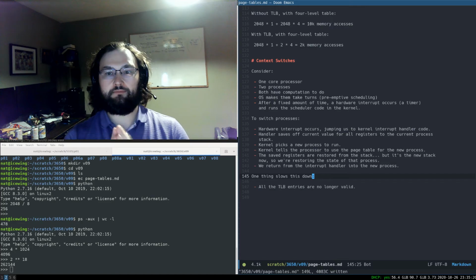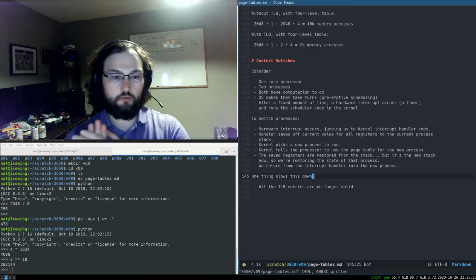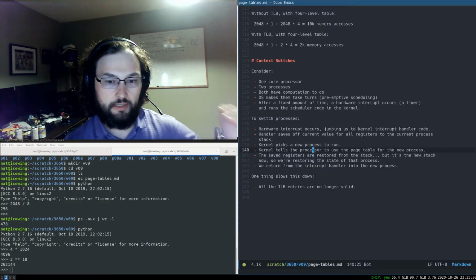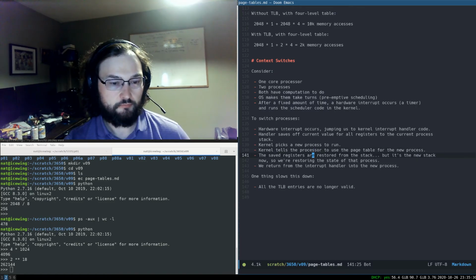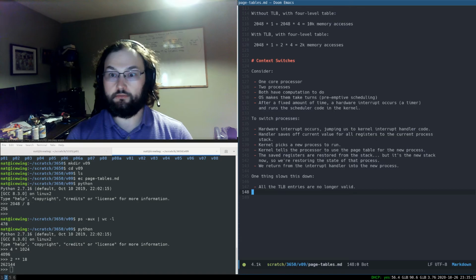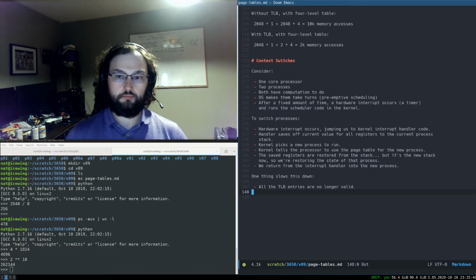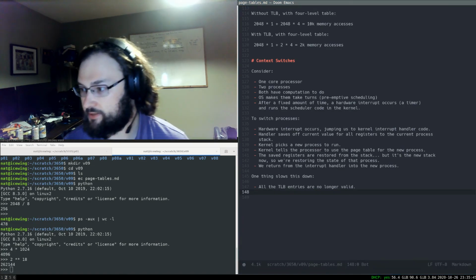So in at least the way this used to work, as part of this process, when we switch from the old page tables to the new page tables, we invalidate the TLB. And so now for a little while, every single memory access, the next several, if we're going to be doing sort of randomish access, are all going to be TLB misses.